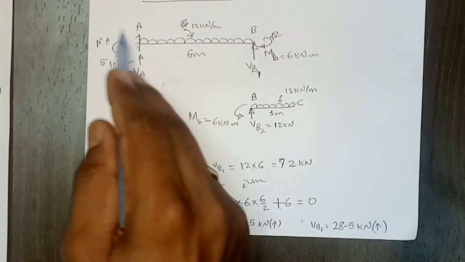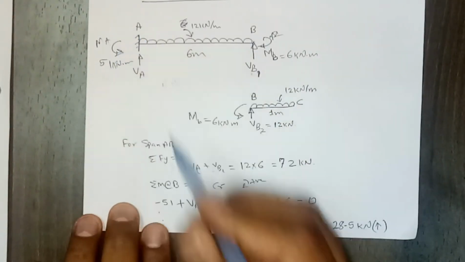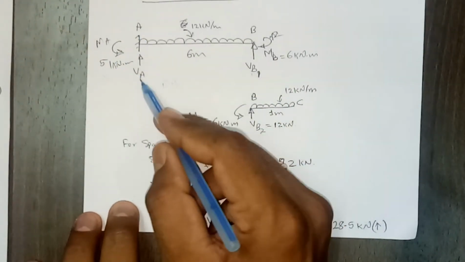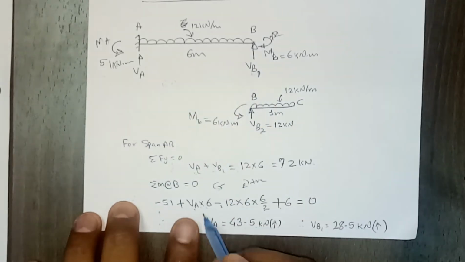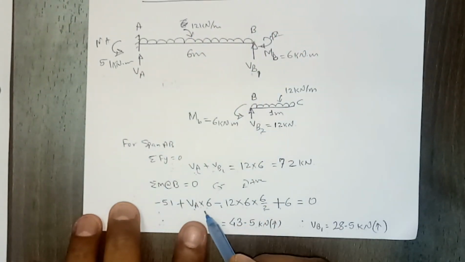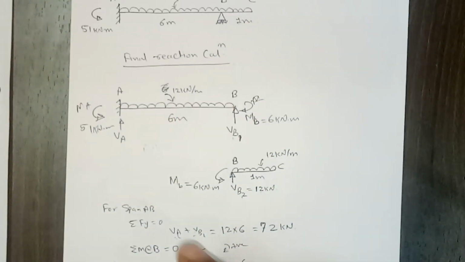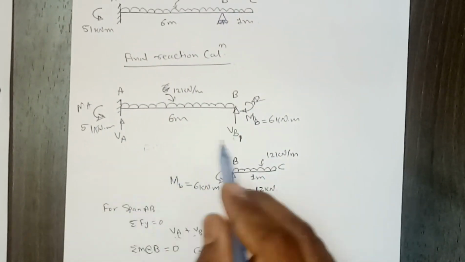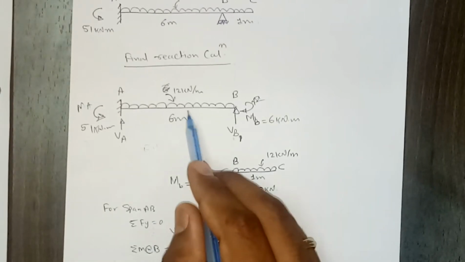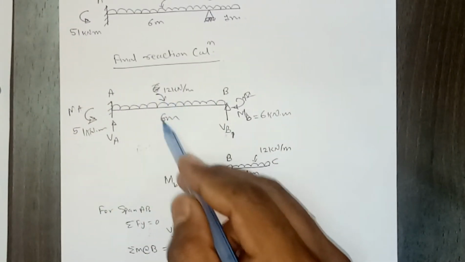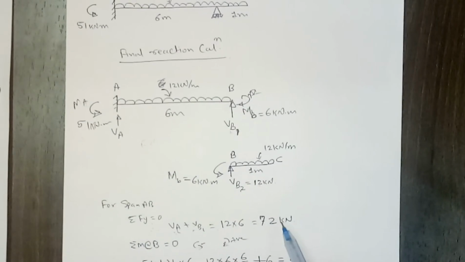So then the moment: VA into 6, sorry, this will be a clockwise moment. So VA into 6 meter, then the moment due to UDL, which will try to rotate it in the anti-clockwise direction.